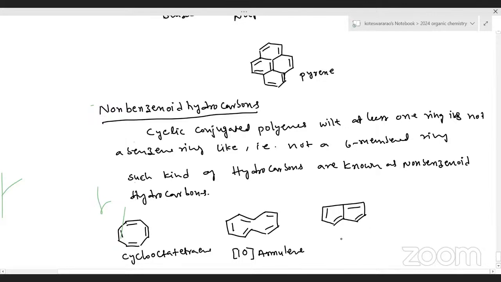This is called pentalene. Next, azulene, a 7-membered ring fused with a 5-membered ring.